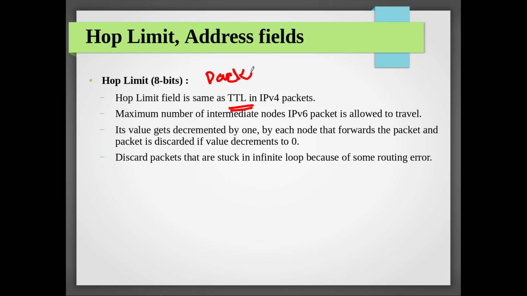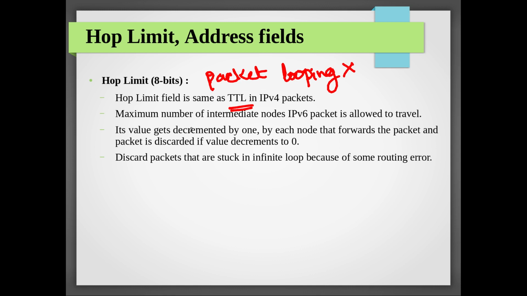Simply understand it like this: this is for avoiding packet looping. The packet should not loop in the intermediate routers. So that is avoided by the hop limit. It is the maximum number of intermediate nodes an IPv6 packet is allowed to travel to reach the destination, which we can estimate, and with that value we will be setting it.